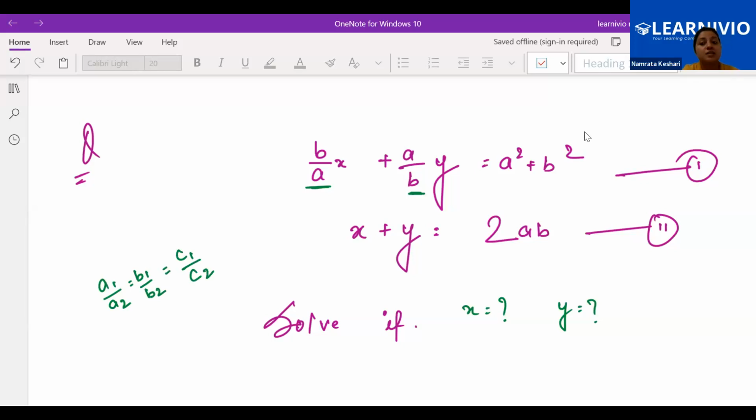If that is the case, then it is the case of infinitely many solutions. But here we are not having the case of infinitely many solutions.